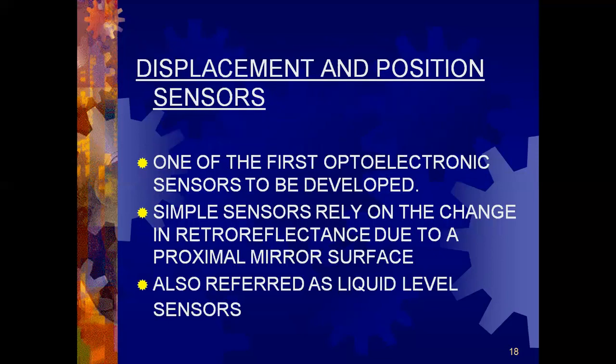Displacement and position sensors were one of the first opto-electronic sensors to be developed. Simple sensors rely on the change in retroreflectance due to a proximal mirror surface. These are the principles, also referred to as liquid level sensors. This type of sensor is also mostly used in daily life.